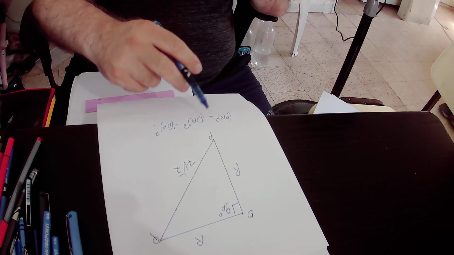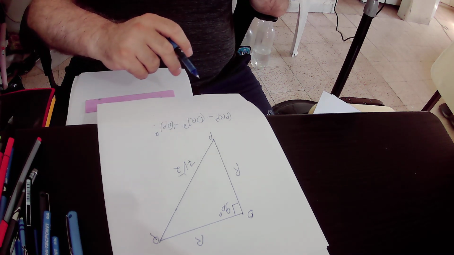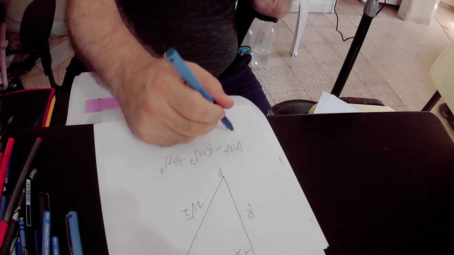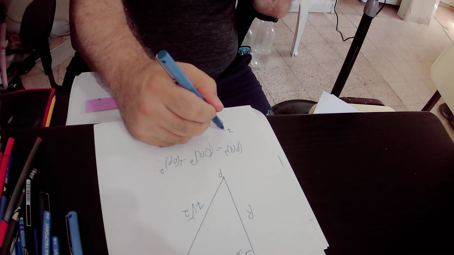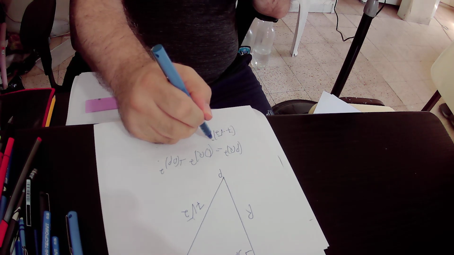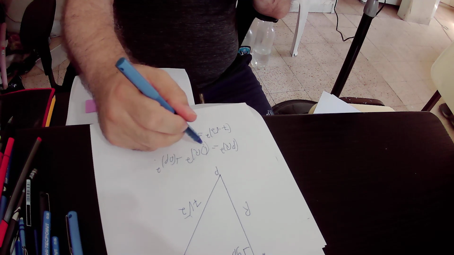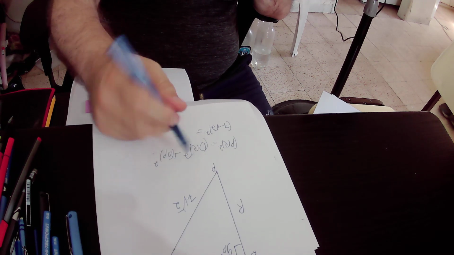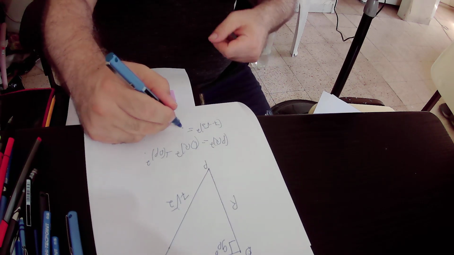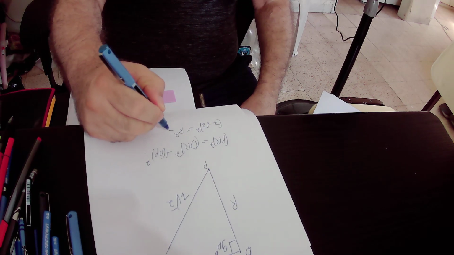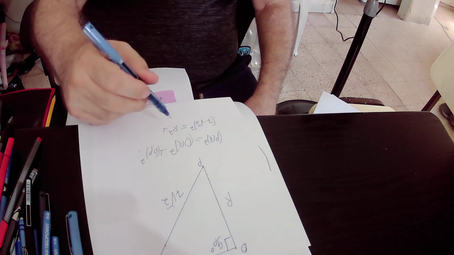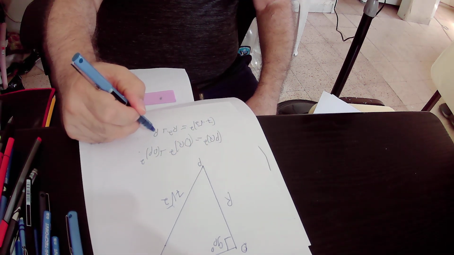We know that PQ equals 7 times root 2, so it is 7 times root 2 squared, equals OQ square. OQ equals R, so it is R square, plus OP square. OP equals R, so it is also R square.